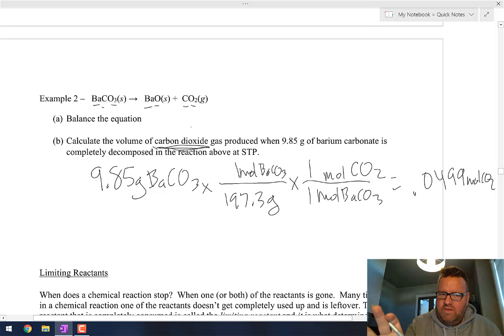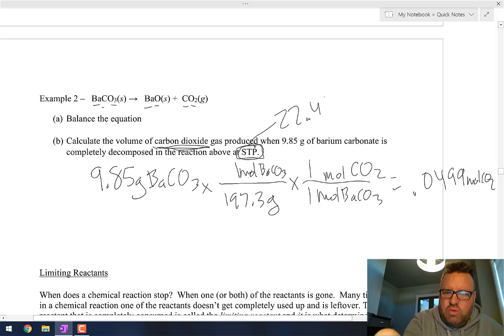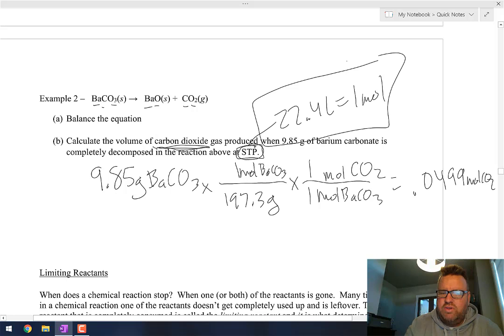And now that I have moles of CO2, now I can use the equation. Again, I can use PV equals nRT, but anytime I see those 3 letters together, STP, the first number that pops into my head is 22.4 liters equals 1 mole. Okay, and that should happen for you as well. STP, usually when they tell that to you, you're going to be using something involving 22.4 liters.